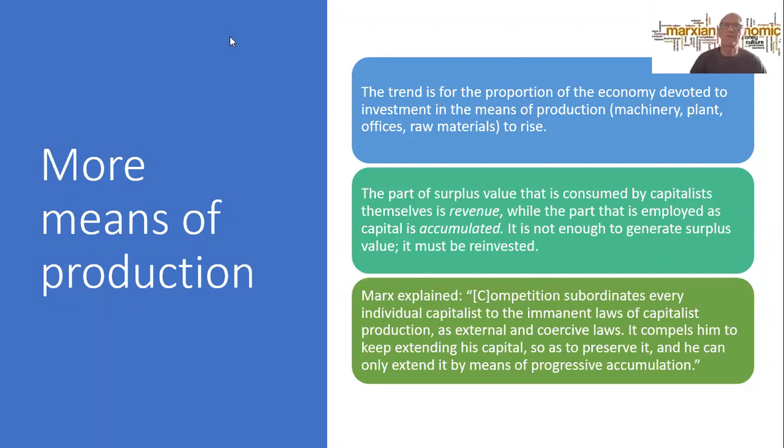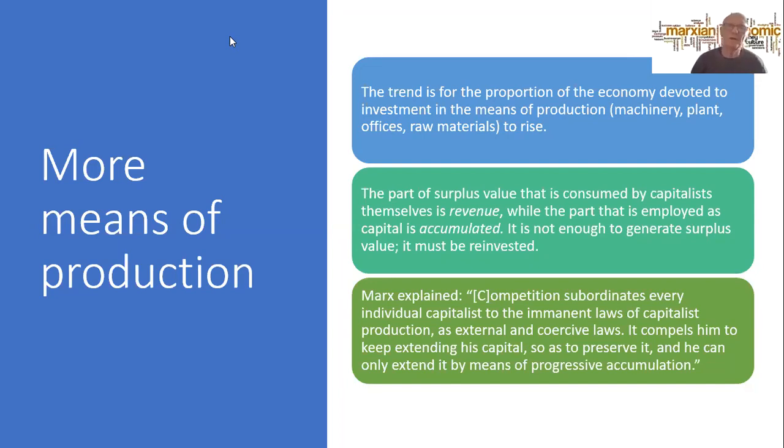And the part of surplus value that's consumed by capitalists, in yachts, in luxury living, and all the rest of it, has to be at a certain minimum, because otherwise there would not be enough capital to accumulate. So it must be reinvested in order to continue to feed the process of capitalist production.